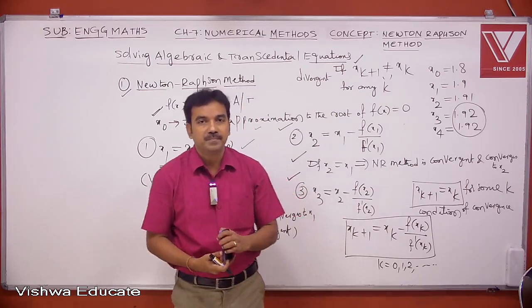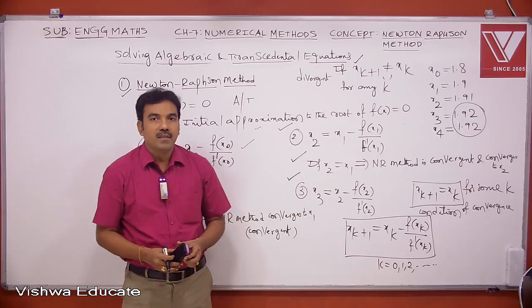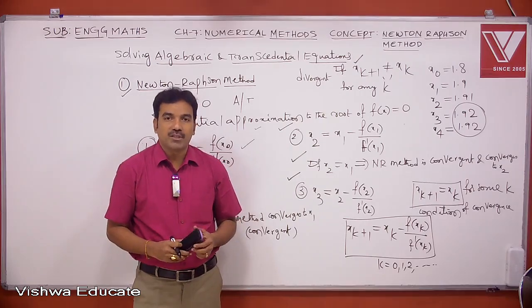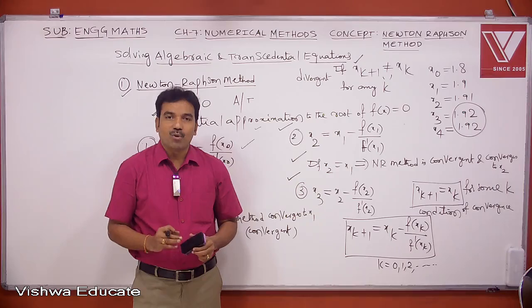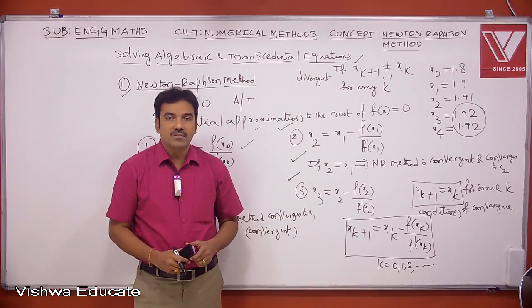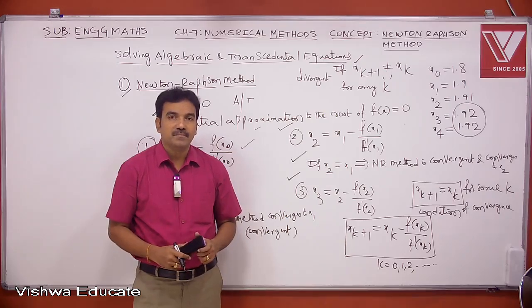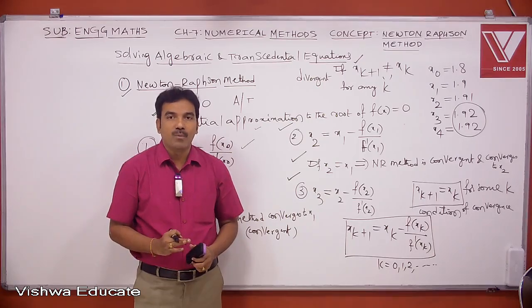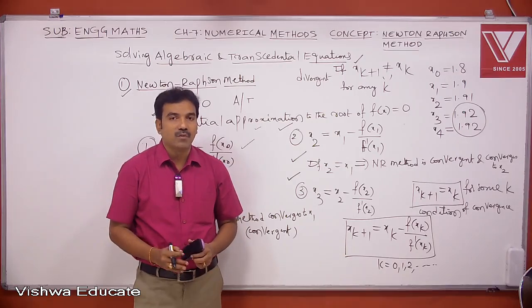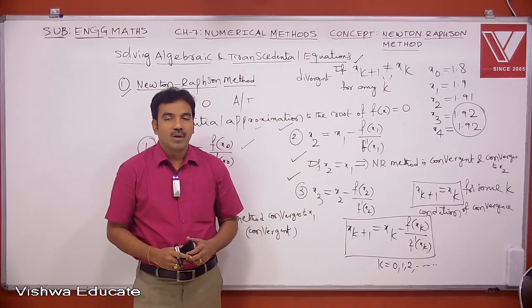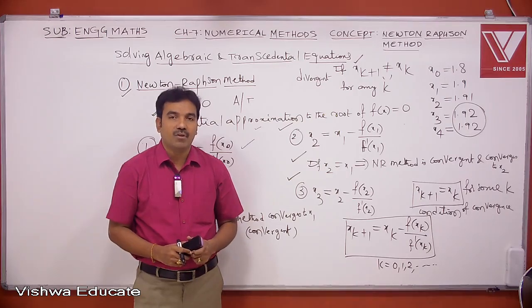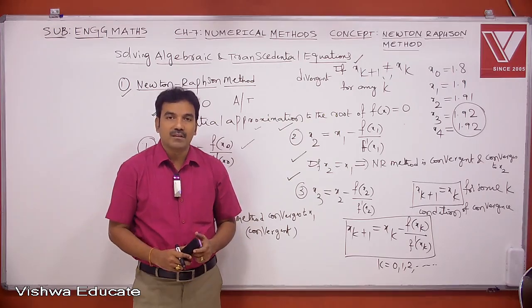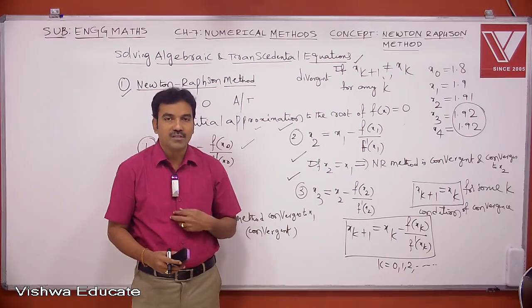Note 2 points. First point, if the initial approximation x0 is suitable, then the NR method always converges.